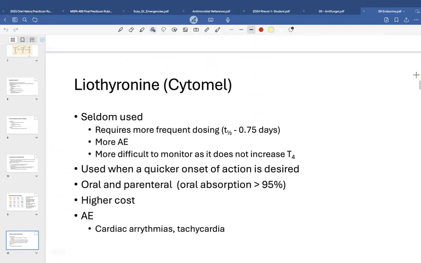Liothyronine, Cytomel, is basically a T3 product, requires more frequent dosing, so shorter half-life compared to levothyroxine, has more side effects, particularly cardiac, and can be more difficult to monitor because it's a T3 product, doesn't increase T4, and T4 is the more predominant circulatory product that we are more familiar with monitoring and correlates better to patient response.